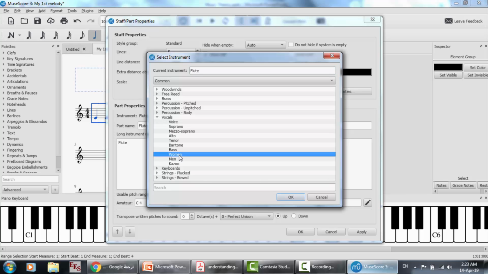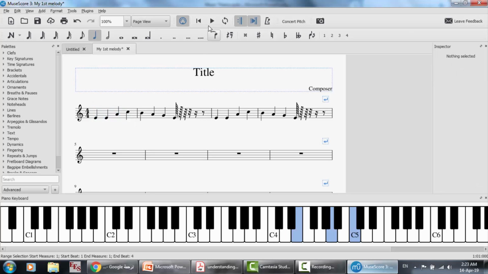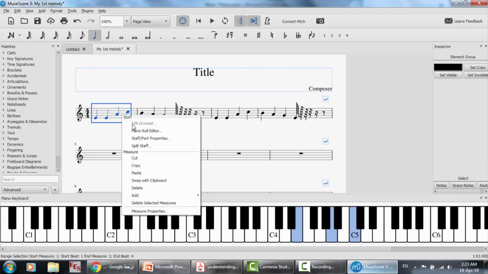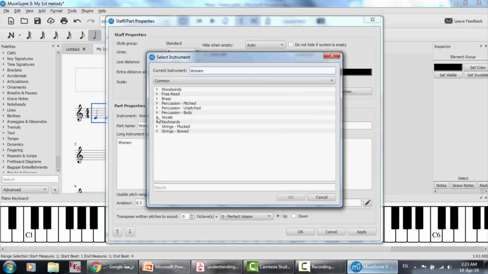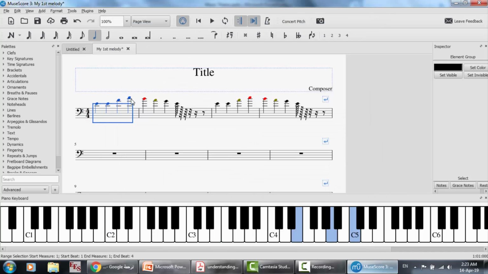And vocals, women. Fantastic, isn't it? And here is men. Notice that it's completely different.